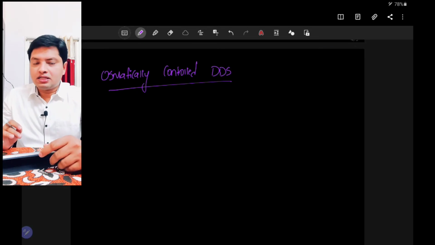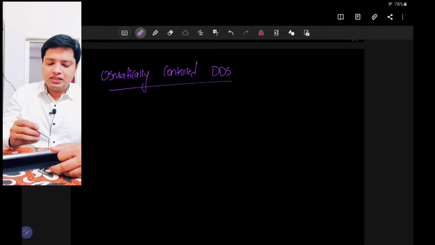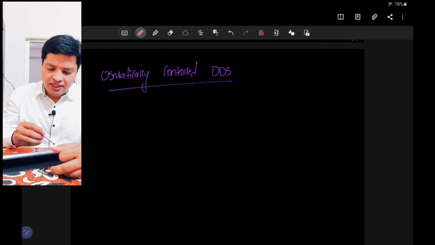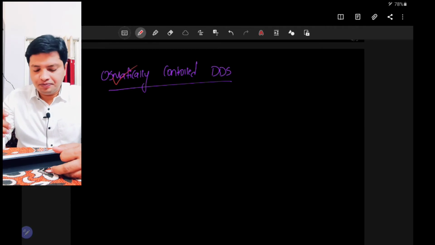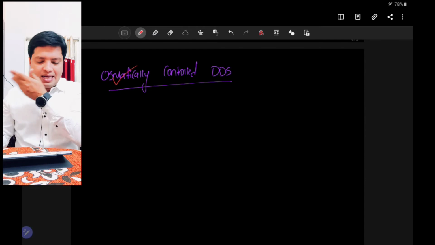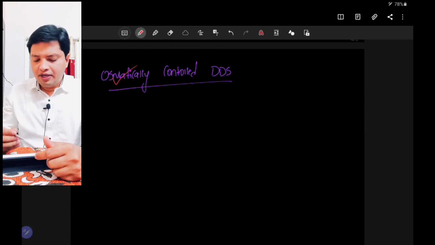Now, we move on to the next section, that is osmotically controlled delivery system. The name indicates the driving force here is osmosis. Osmosis is the driving force for the drug release. So, how can we do this?